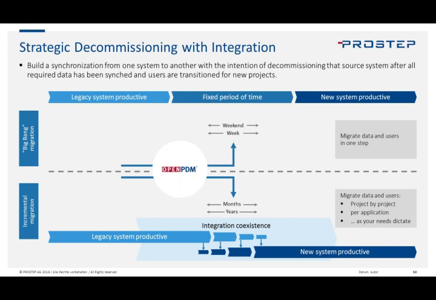So this is a theory we call coexistence in migration, and it can be accomplished with these integrations if you have enough of the use cases that move all the critical data that you need. Over time, you could then have this legacy system be decommissioned, move more users to the new system, to the PLM system, less users on the TDM, and then ultimately just get rid of it and just use one system.